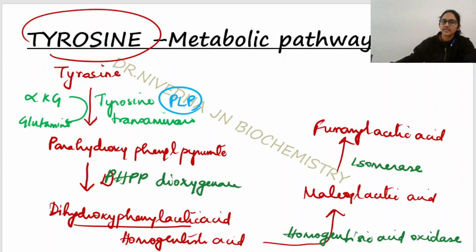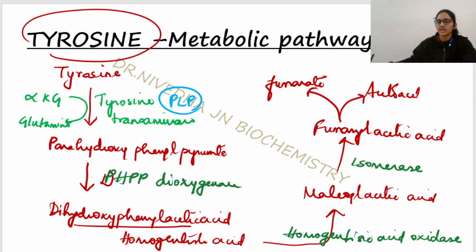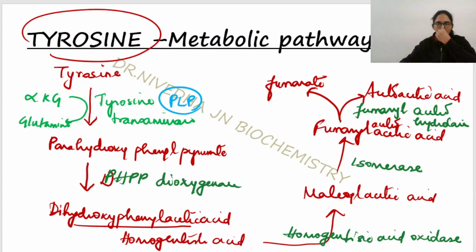Now this fumarylacetoacetic acid is going to get cleaved by a hydrolase to fumarate and acetoacetic acid. What is the enzyme? It is fumarylacetoacetic hydrolase.